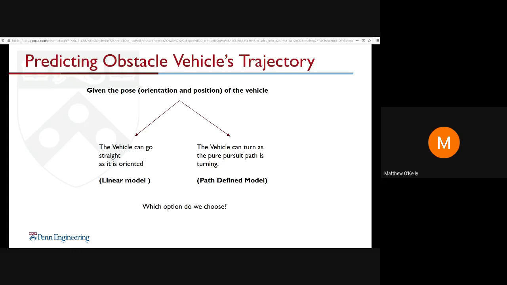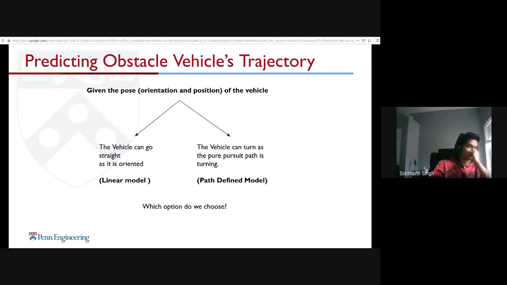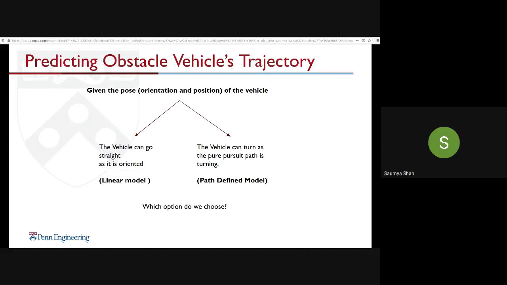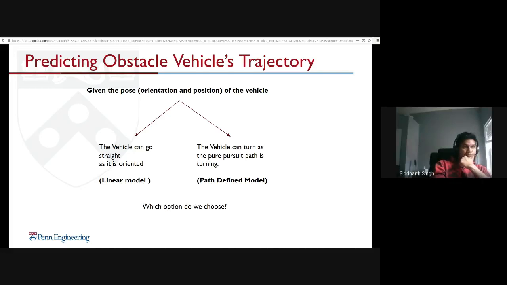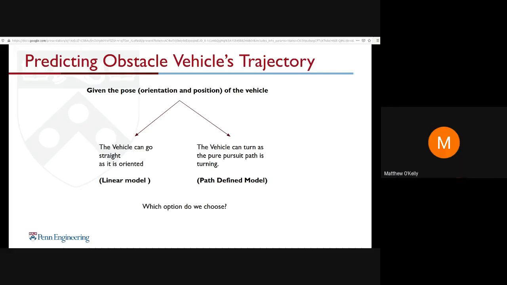You say, what would they do if I did this? What is the best possible thing they could do? That would make it more general, assuming that the other agent is somewhat rational. And so, yeah, this third option is something you could be thinking about for your project after we do the RRT and model predictive control lectures.